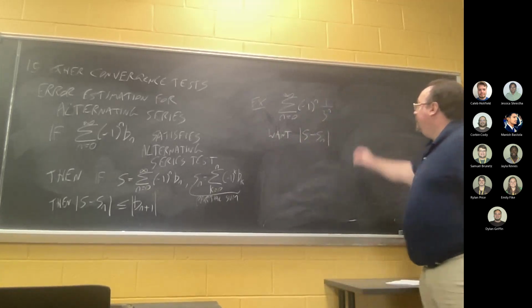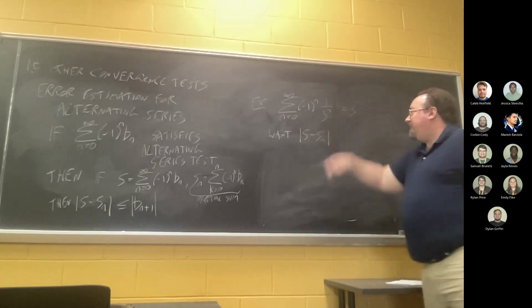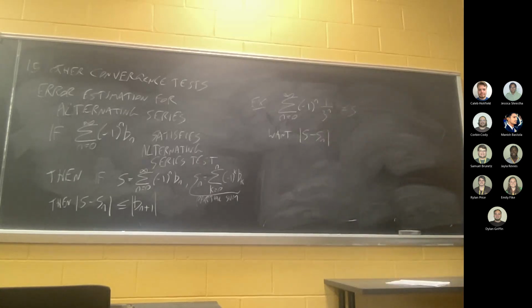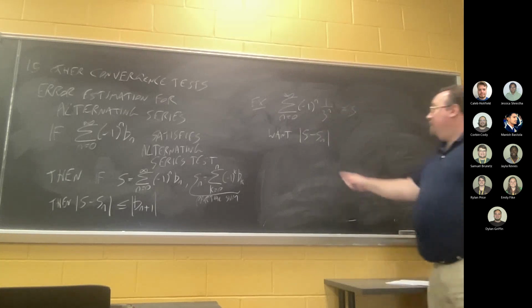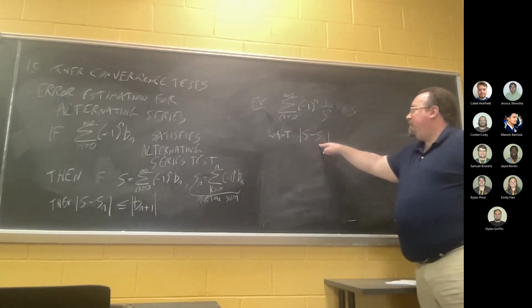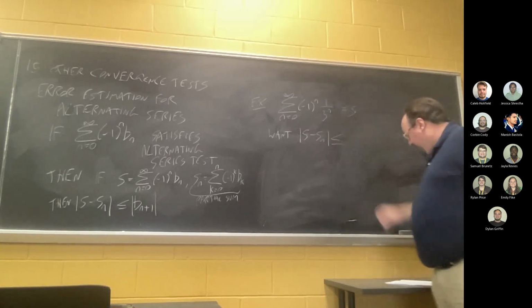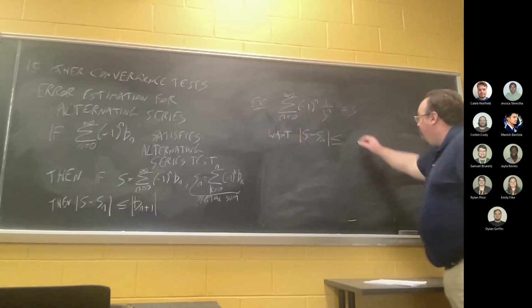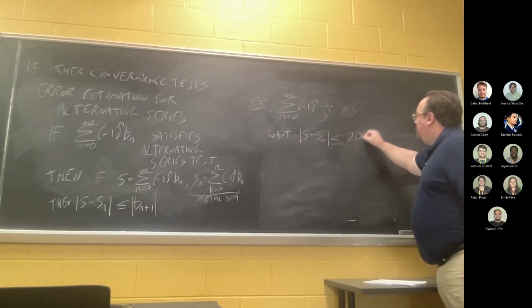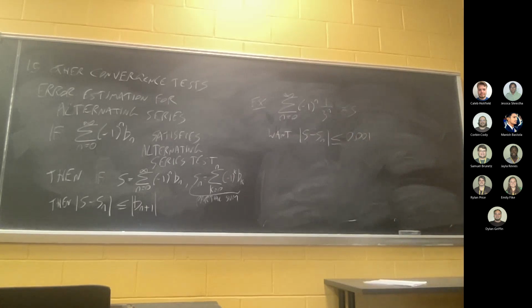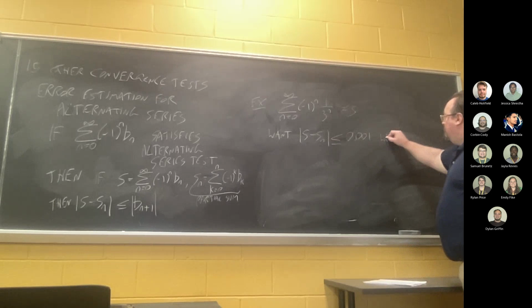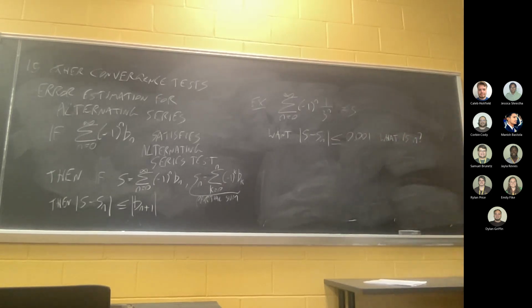If I use S to refer to the exact sum, we know this series is convergent. We want the difference between the true sum and the partial sum to be at most 1/1000. So we want to figure out what n needs to be to make that happen.